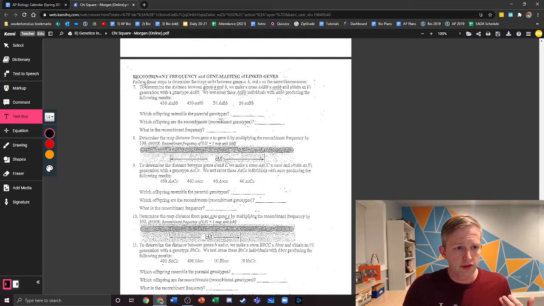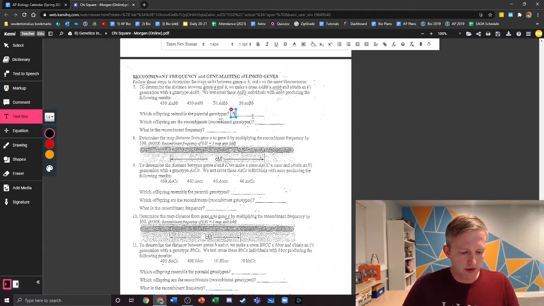For this first one, number 7, we're looking at a comparison between A and B, and we do the same test cross that Thomas Morgan had done with the flies. We see a heterozygous individual for both traits crossed with a homozygous recessive individual for both traits. In this case, the parental genotypes are big A big B and little a little b.